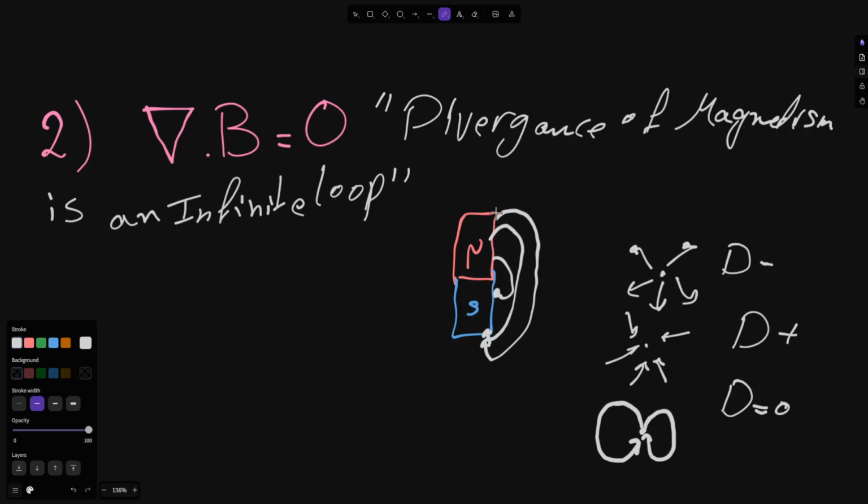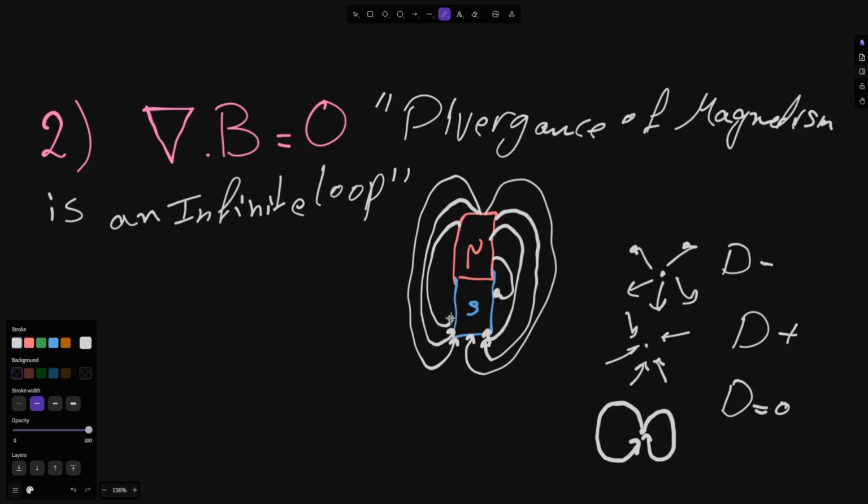The same idea applies for magnetism. So this equation has visualized for us how the magnetism goes through a bar of a magnet.